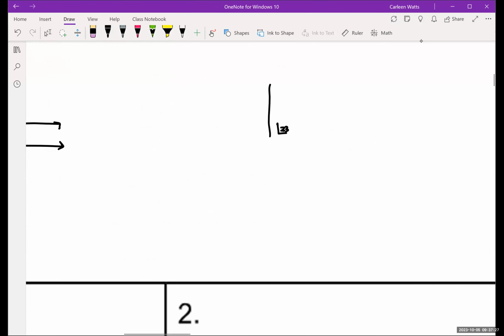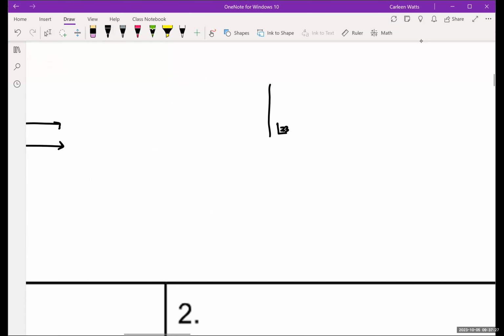So we have angle 2 is alternate exterior to angle 7. Angle 1 is alternate exterior to angle 8.